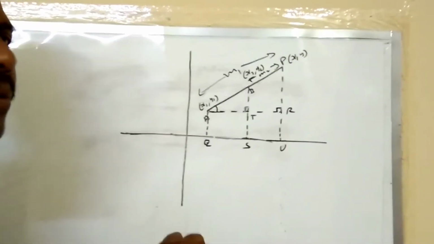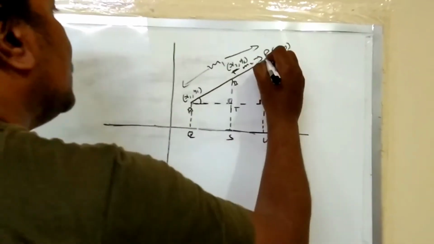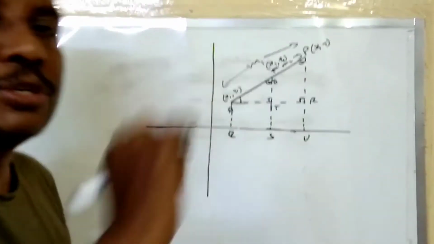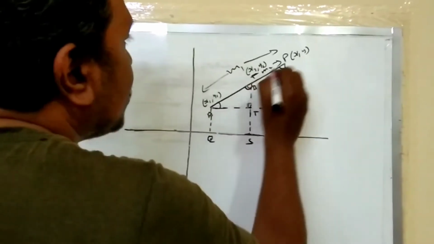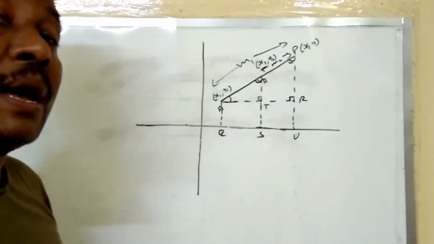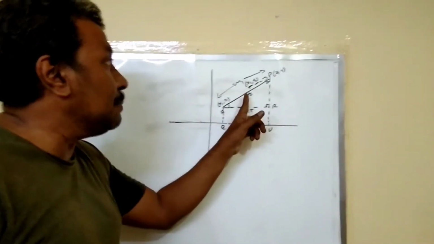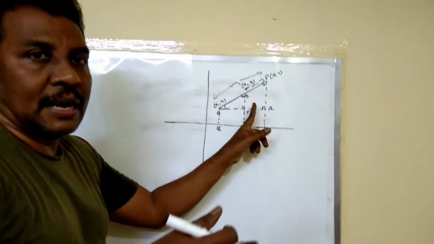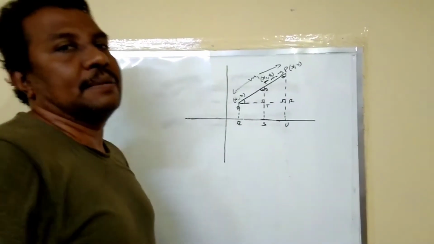So that is a common angle. Angle A is equal to angle A. Angle T is equal to angle R. And what about the third angle? The third angle must be equal to the corresponding third angle, according to the angle sum property. By AA similarity, if two angles are equal to the corresponding two angles of another triangle, the third angle must be equal to the corresponding third angle.